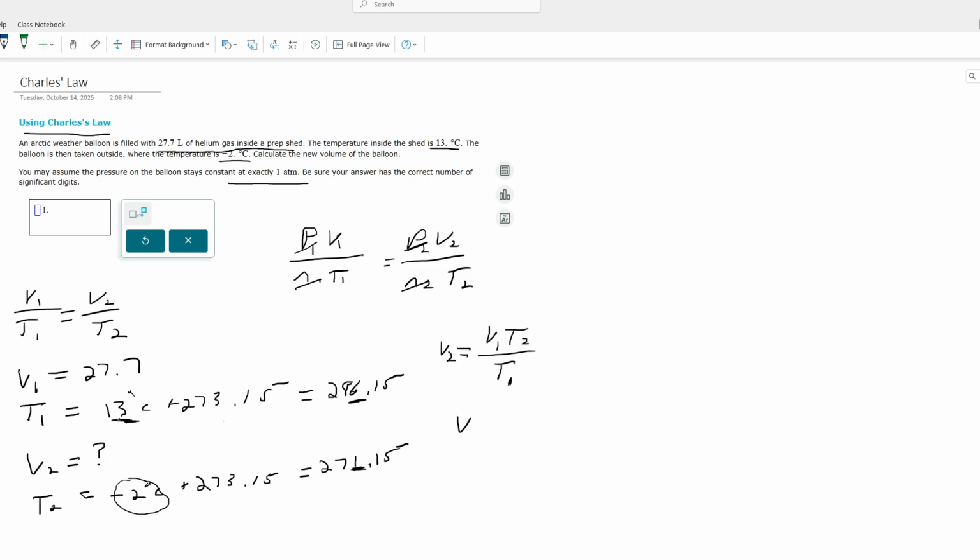And so now I have V2 equals 27.7 times T2, which is 271.15, remember those sig figs, divided by 286.15. And that's in liters, and that's in degrees C over degrees C, so those will cancel out in this math.